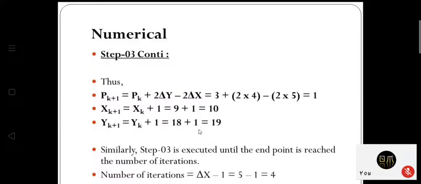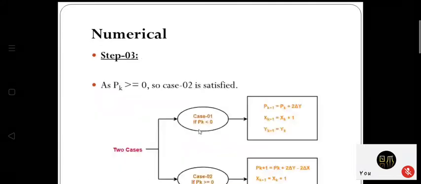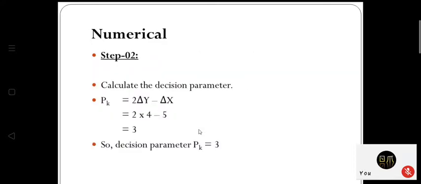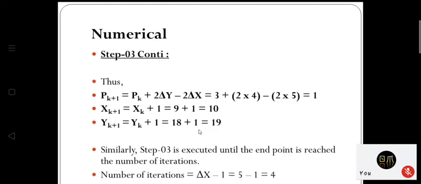When you reach the 4th iteration, that is when you are going to reach the ending coordinates. What are the ending coordinates given in the question? It is 14 comma 22. Up till here, it is going to be the 4th iteration, and that's when you are going to stop. So this entire step you are going to perform 4 times.